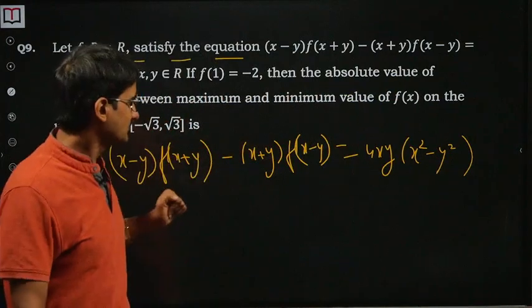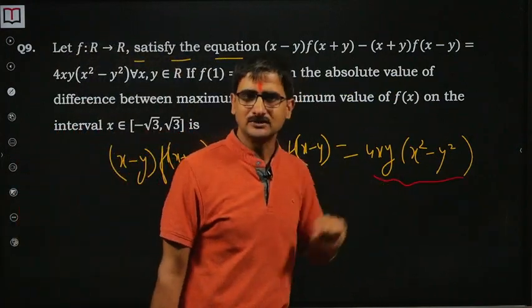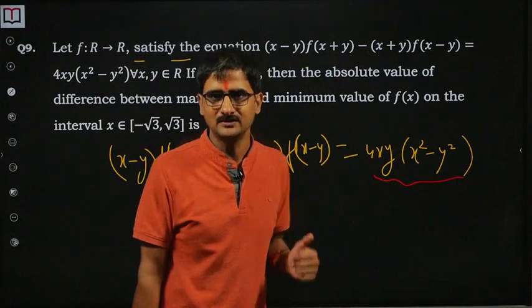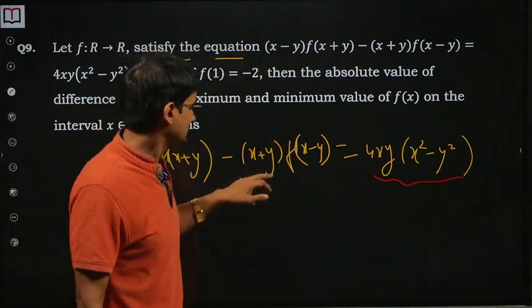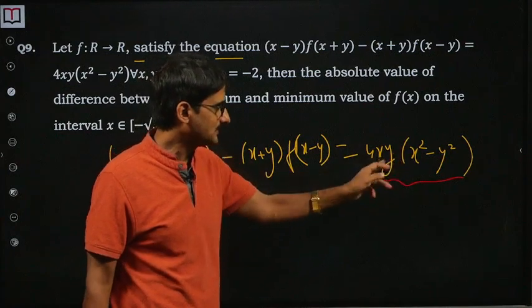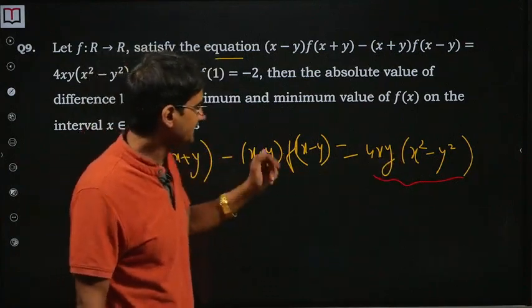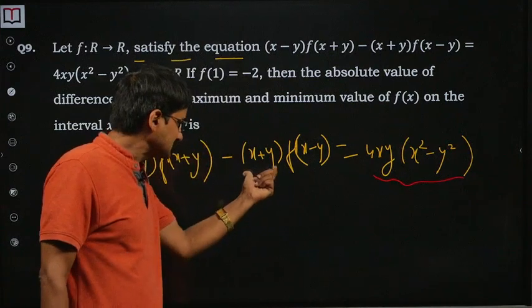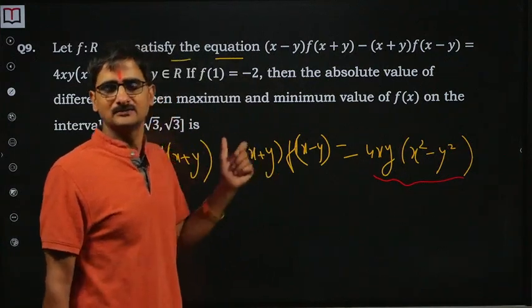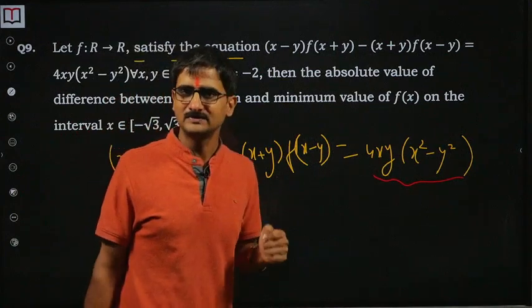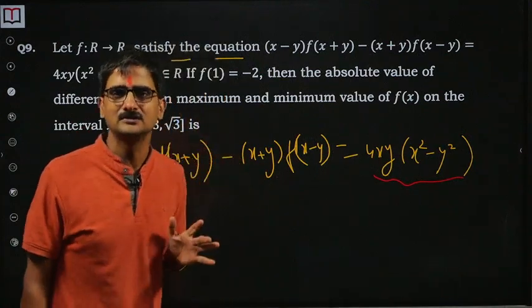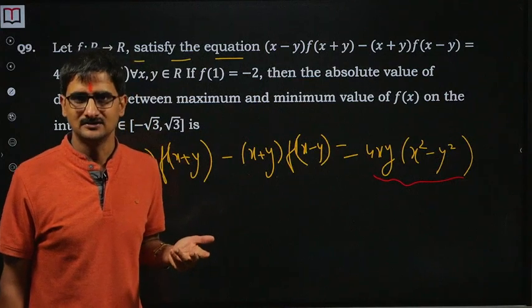How? Because I was seeing that it's a polynomial of degree 4 in x and y. In that case, this is a linear term, so f of x plus y or f of x minus y has to be a polynomial of degree 3. That's how I started.